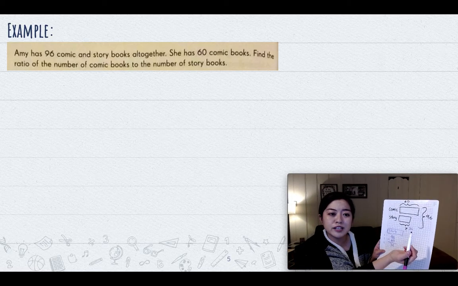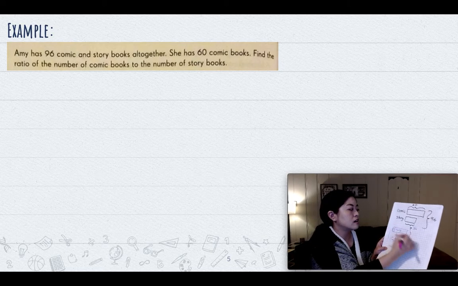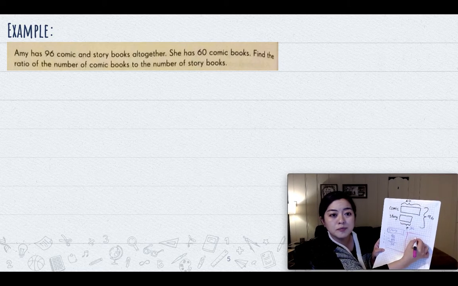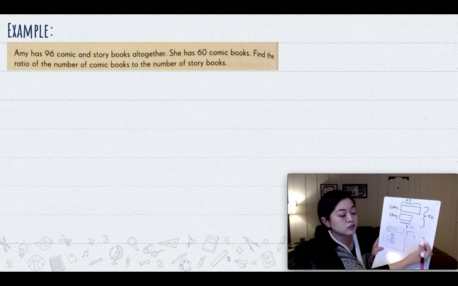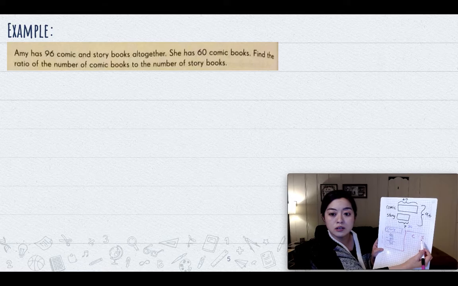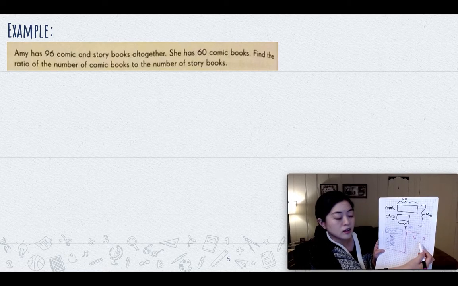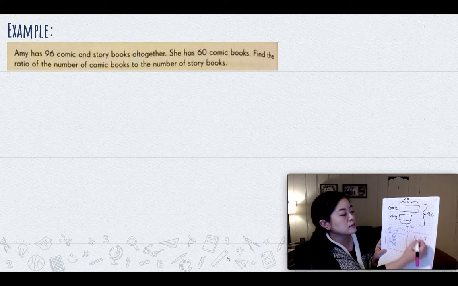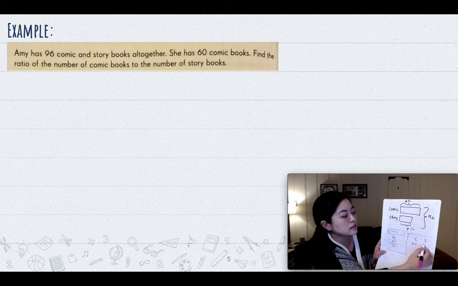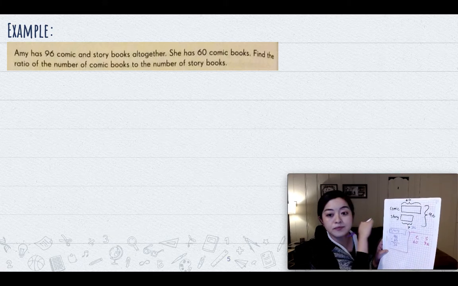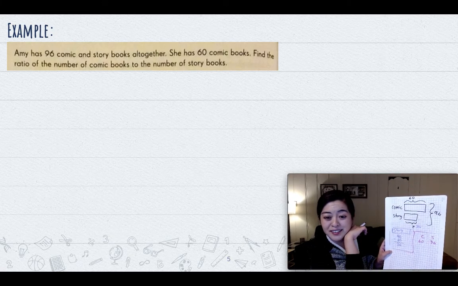It says find the ratio of the number of comic books to the number of storybooks. So I like to write this out to remind me what the order is. The number of comic books is 60, and the number of storybooks is 36. Here's my ratio.